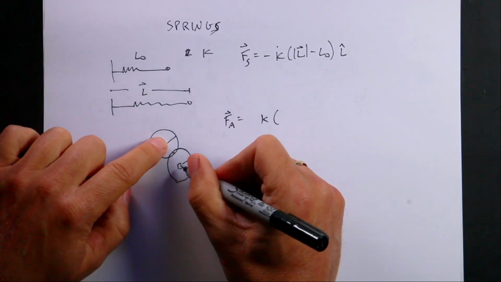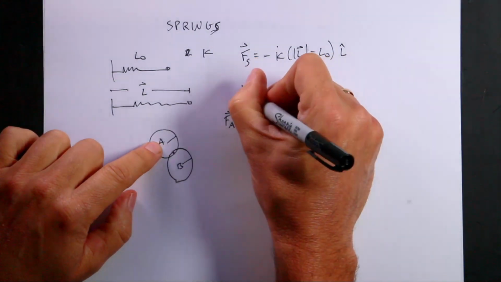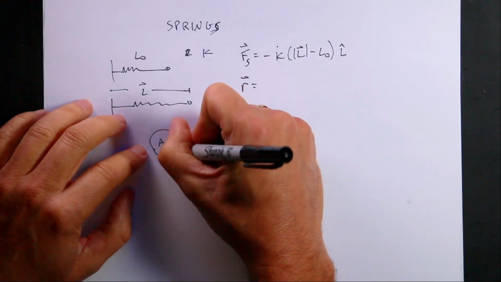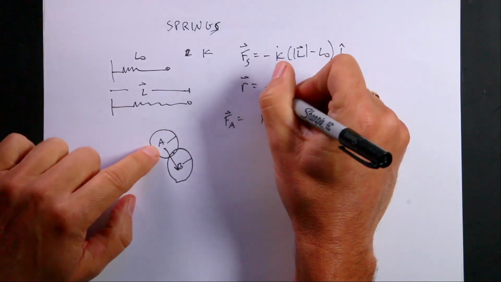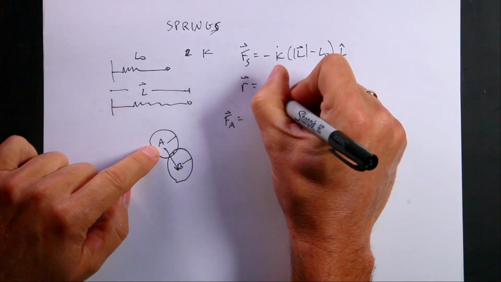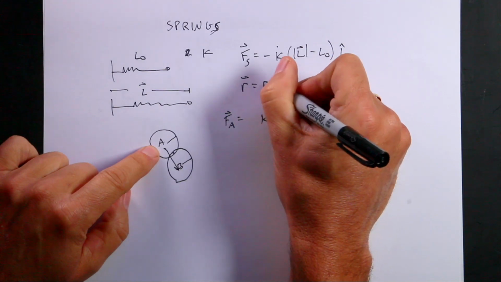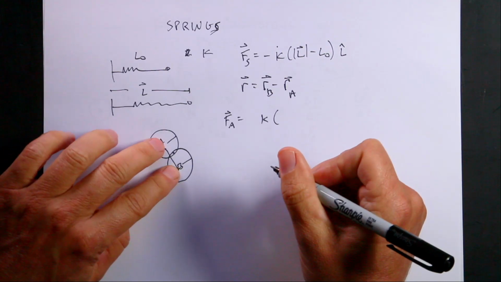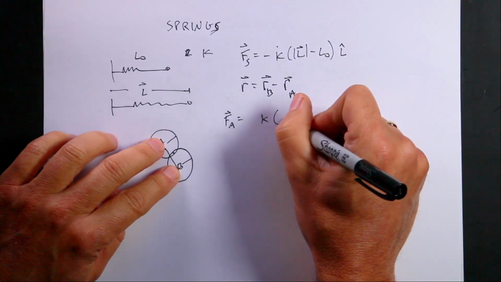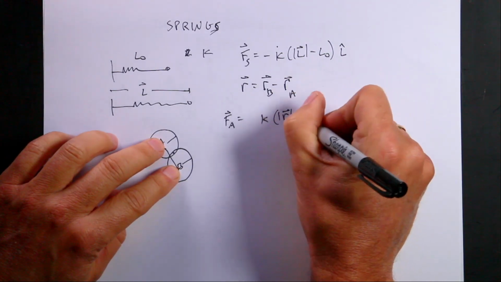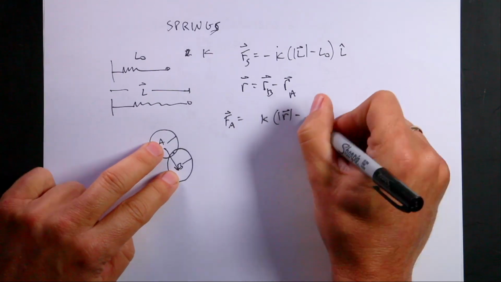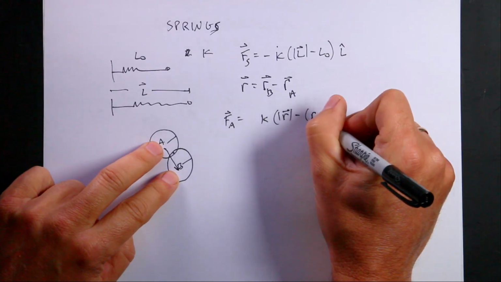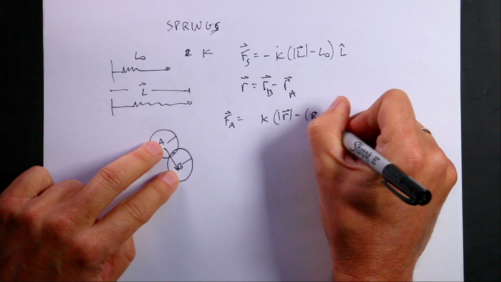So the distance between them, I can get the vector R. So R is this vector. It's going to be the vector RB, the position of object B, minus the position of object A. And then I want to take the magnitude of that, R, minus the distance between them, which is going to be, I'll call it, RA plus RB.